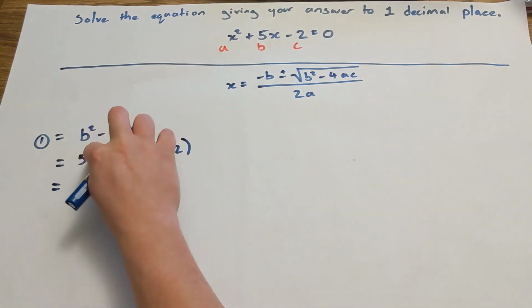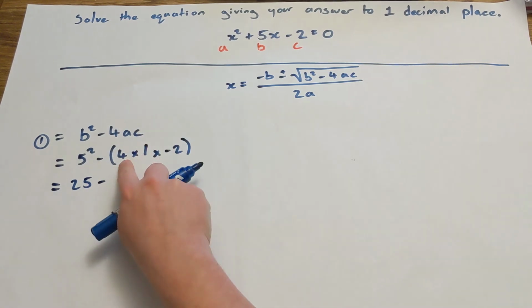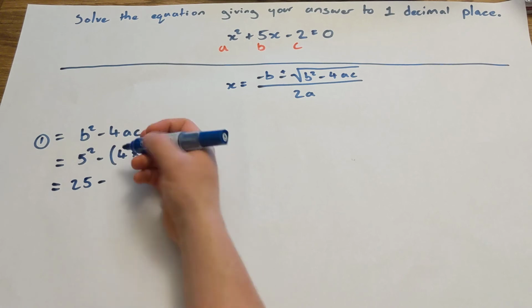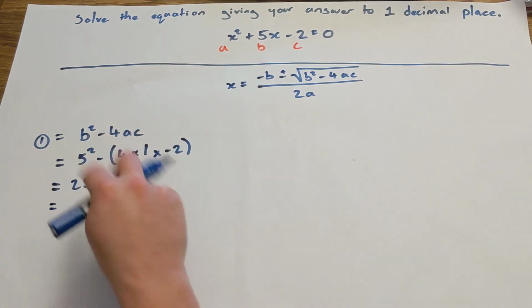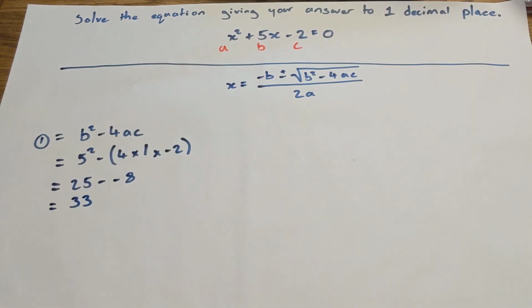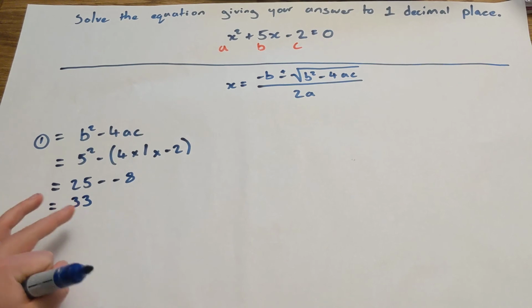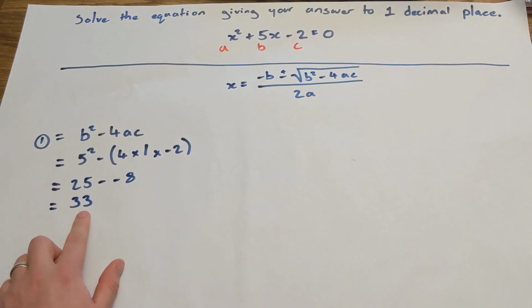So 5 squared is 25, take away 4 times 1 is 4, times negative 2 is negative 8, so 25 take away negative 8, they become a plus. So equals 33. Okay, so straight away, that's telling me something. Remember, if the discriminant is bigger than 0, it's telling me I've got 2 real roots that do exist, so it definitely crosses the x-axis, and they are different from each other.